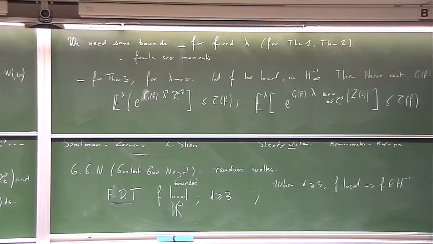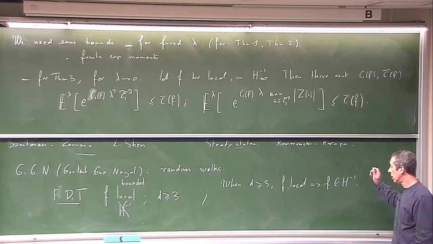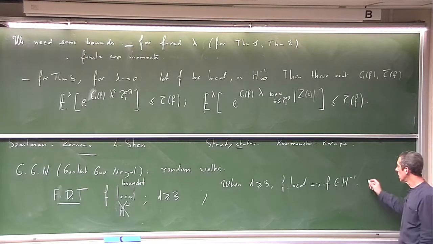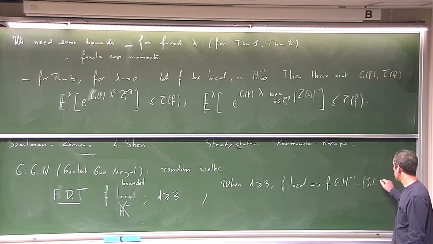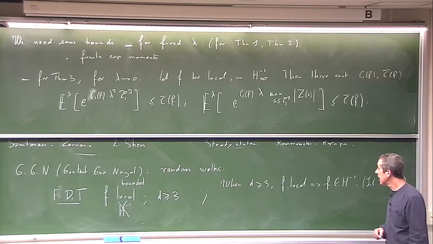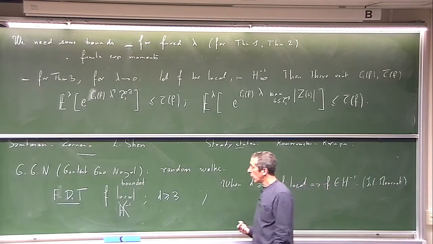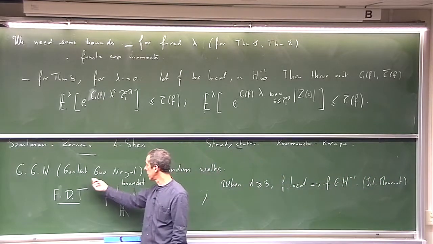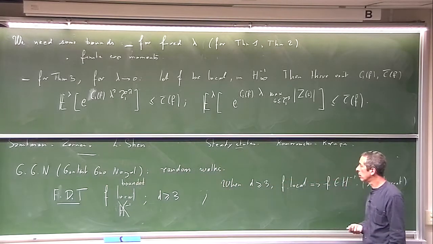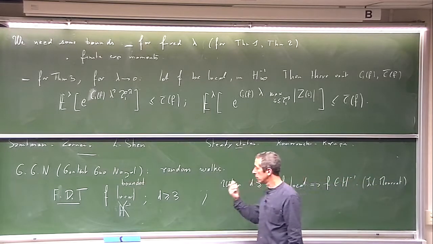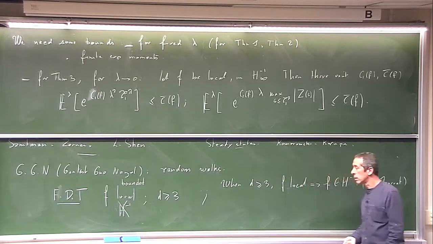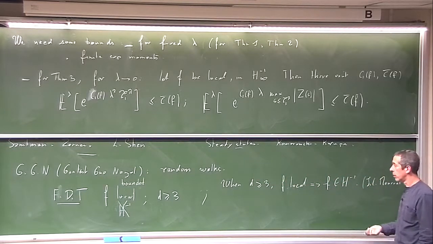Now, this is a rather soft argument. It is in Jean-Christophe Morin's thesis. One reason why Gantert, Guo, and Nagel reach a conclusion which is a little bit different from ours is because they put in the machine some quantitative estimates from homogenization theory.